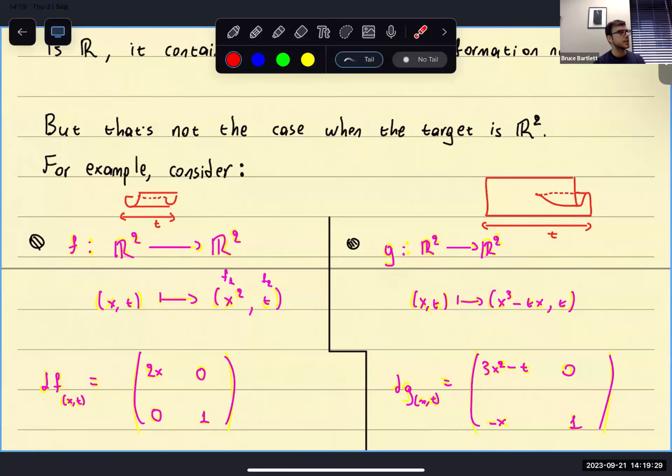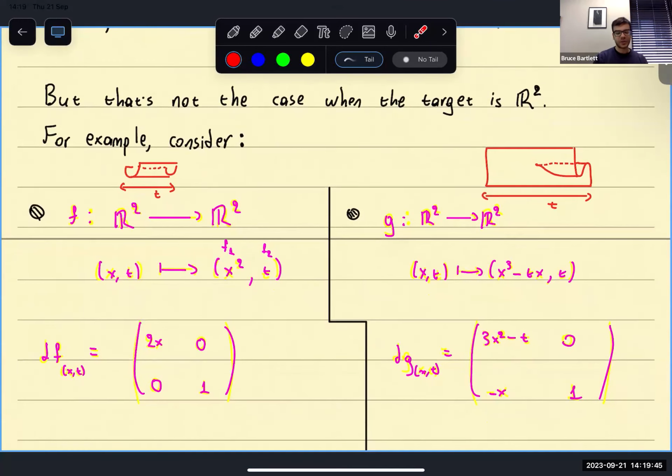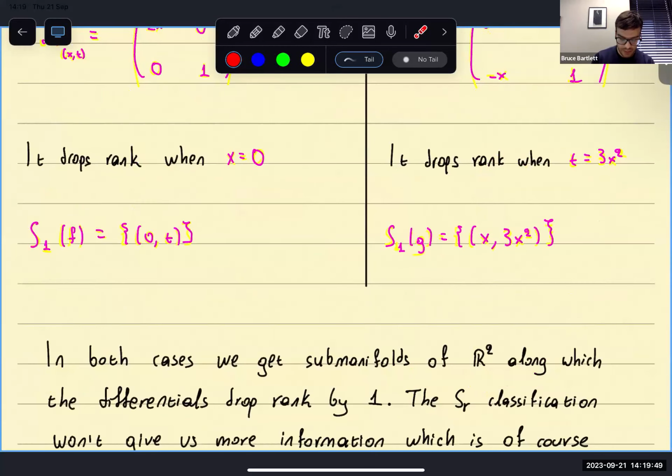Yeah. We'll get something, maybe even a little bit stronger than that. Yeah, hold that thought and we'll get it in a bit.